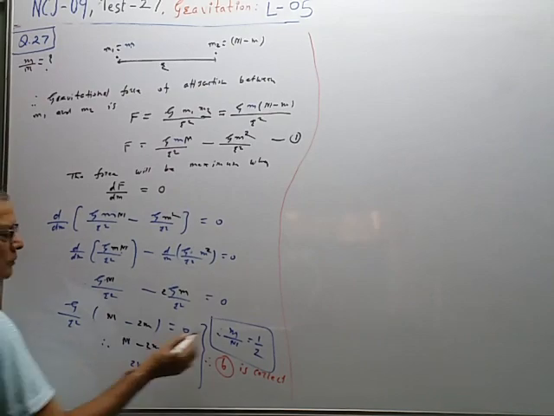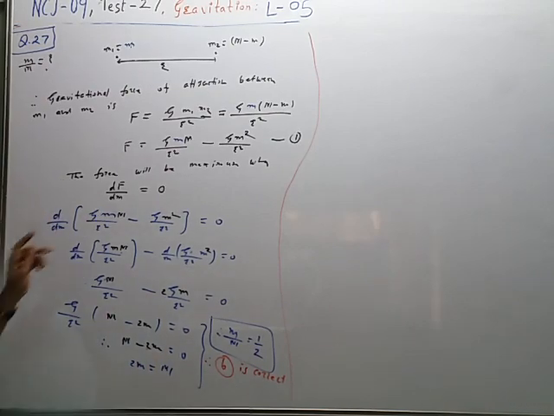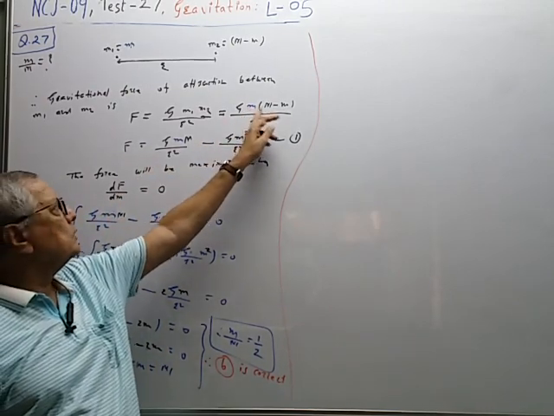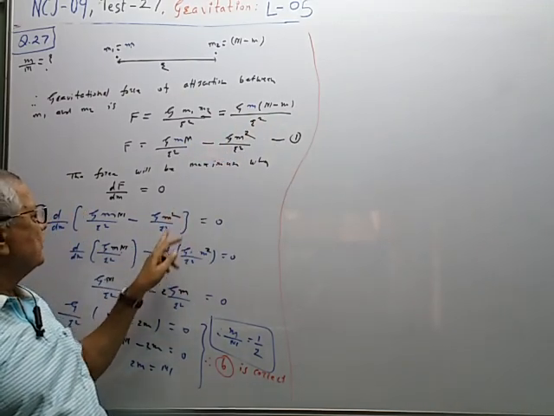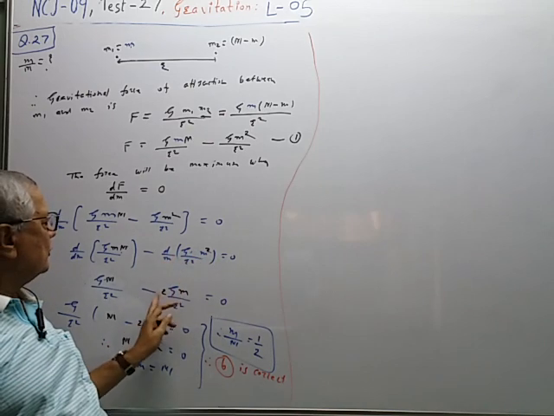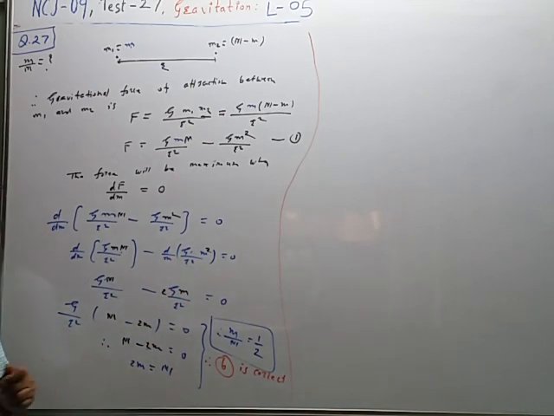So 2m is equal to M, answer will remain the same. So here, brackets open, M into m minus m square. So derivative of M m is M and derivative of m square is equal to 2 times m. Like this. Now it is correct.